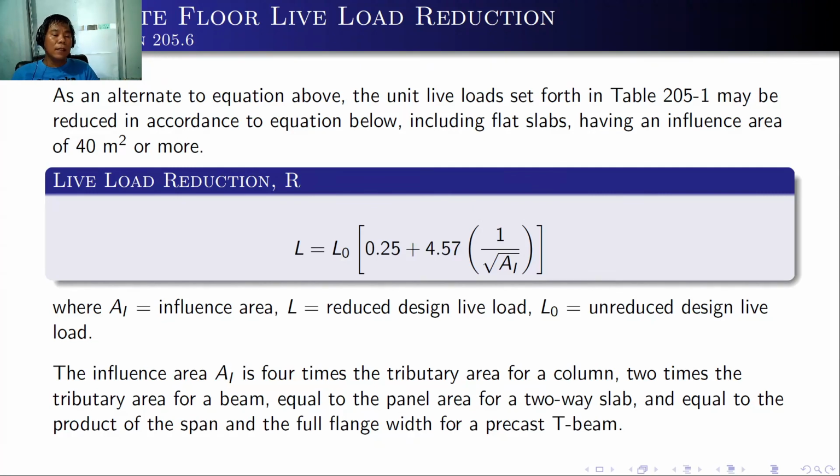Take note that the influence area A sub I is 4 times the tributary area for a column, 2 times the tributary area for a beam, equal to the panel area for a two-way slab, and equal to the product of the span and the flange width for a precast T-beam. So here you need to determine first the tributary area for a particular structural member and then multiply it with the different multiplier to determine the influence area.